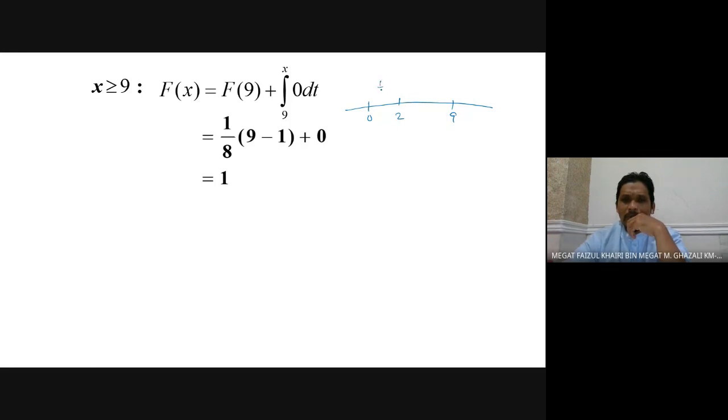This is 1 over 16x, here is 1 over 8. So now, to accumulate F(9) means that we accumulate from negative infinity until 0, until 2, until 9. So this function is represented by F(9), the one from before.